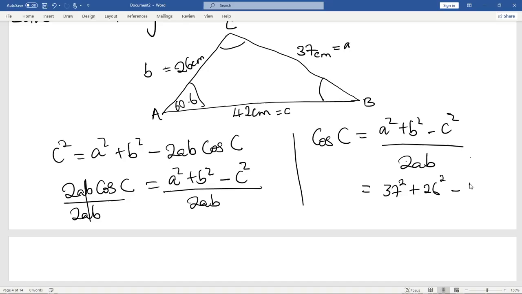So here we have 42 squared divided by 2 multiplied by 37 multiplied by 26. So then you can just go ahead and punch these values on the calculator.